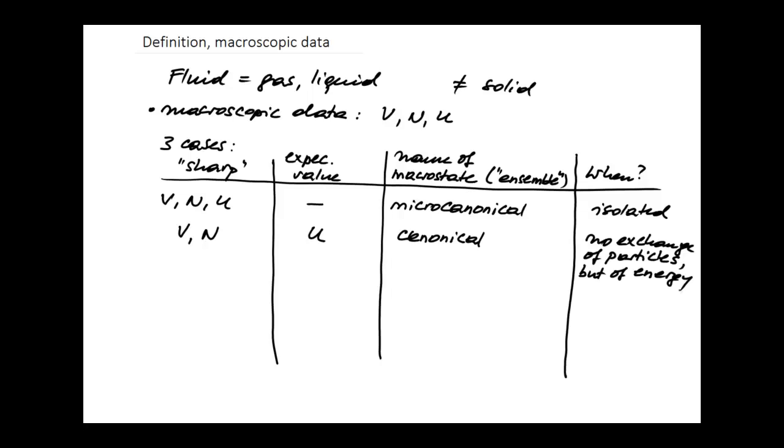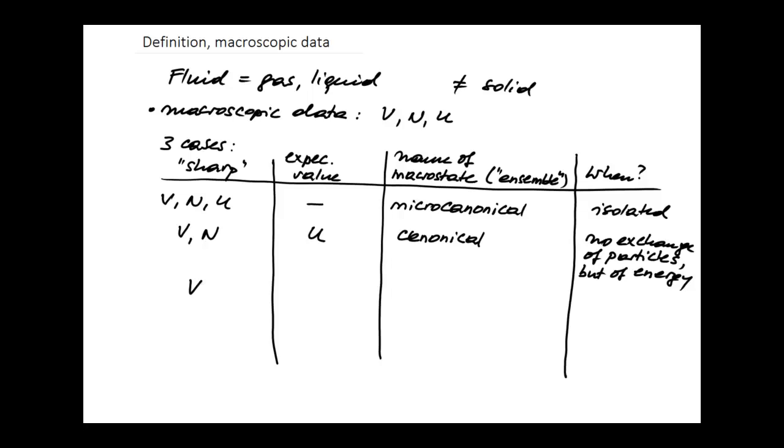And finally, there is the case where only the volume is given as a sharp constraint. The volume is always given as a sharp constraint. The volume is an external control parameter, so the volume is never given as an expectation value. That's always a control parameter with a sharp value.